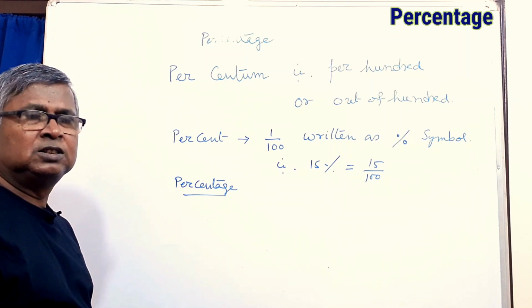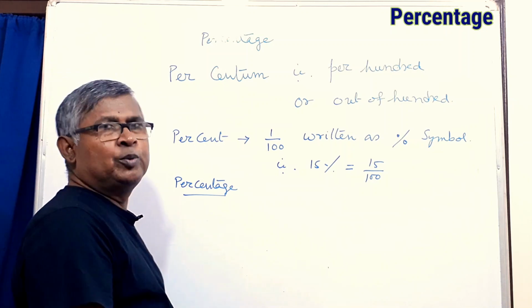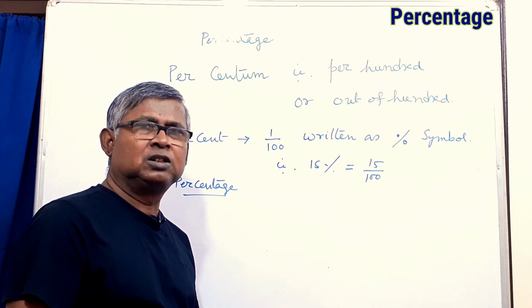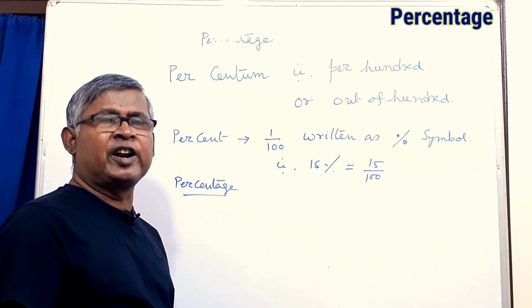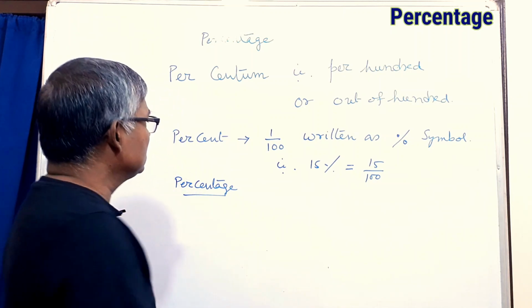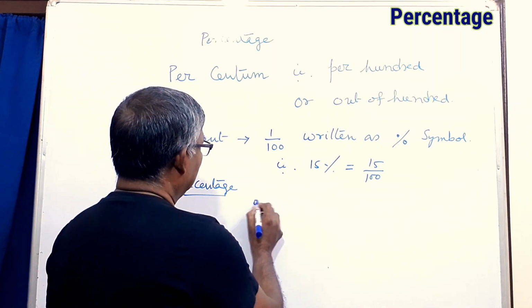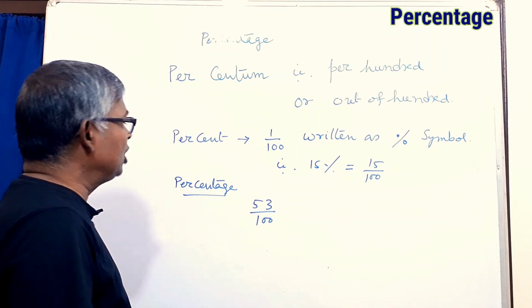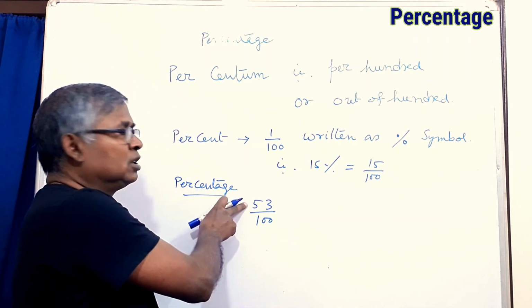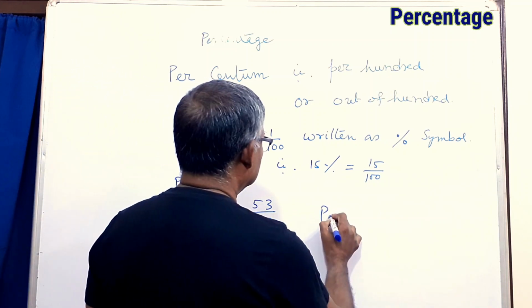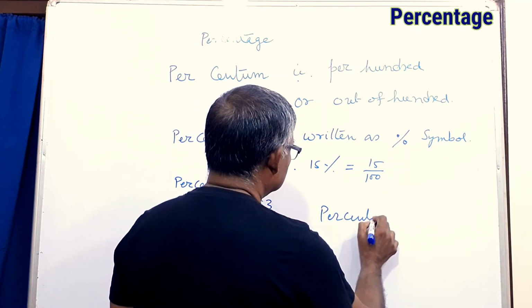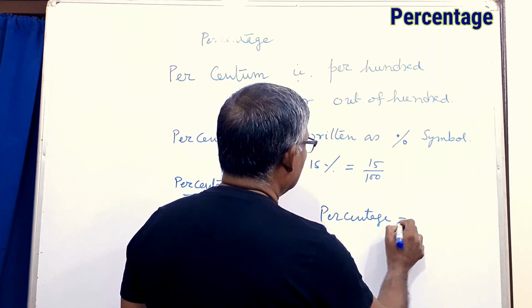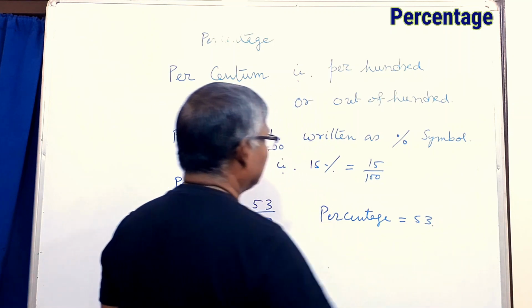Let us learn what is percentage. Percentage is the value of the numerator with denominator 100. Suppose 53 by 100. What is the value of the numerator? It is 53. So percentage equals 53.